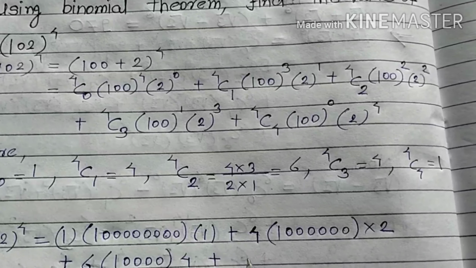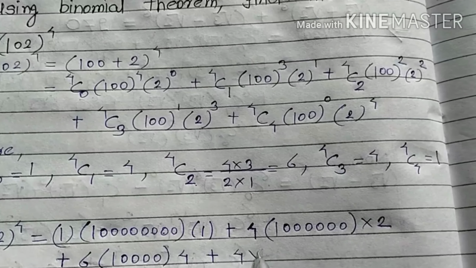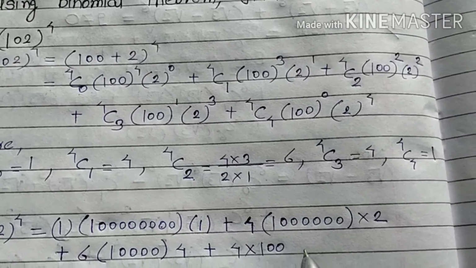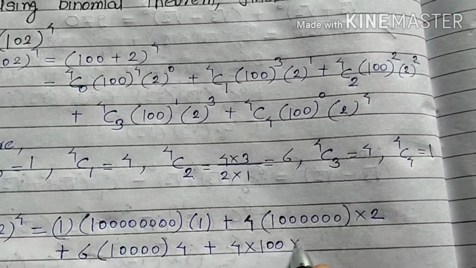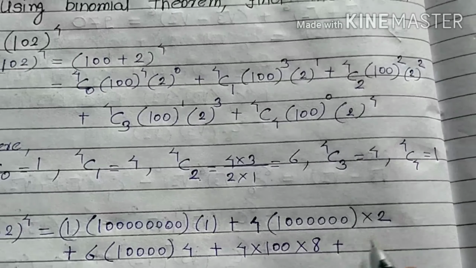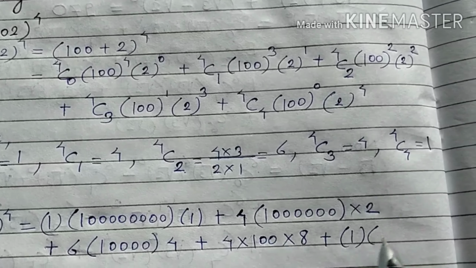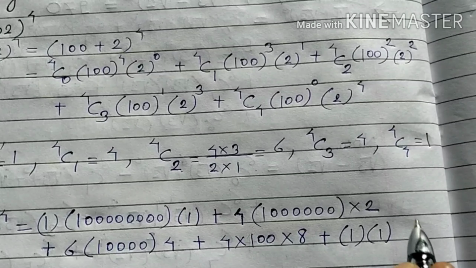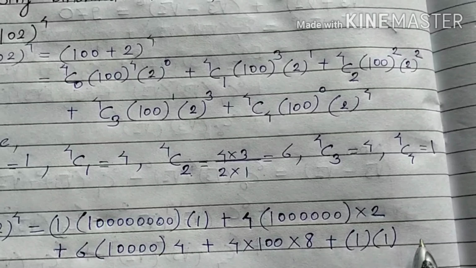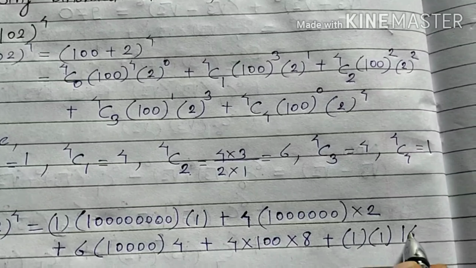Plus 4C3 is 4 into 100, 100 raised to 1 means 100, 2 cube is 8. Plus 4C4 is 1, 100 raised to 0 is also 1 because anything raised to 0 is 1, and 2 raised to 4 is 16.